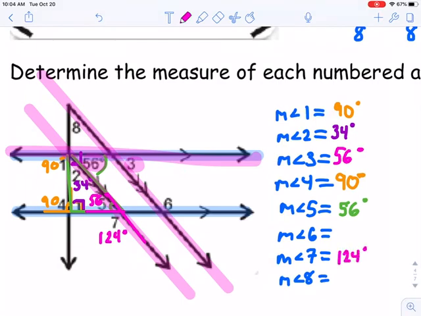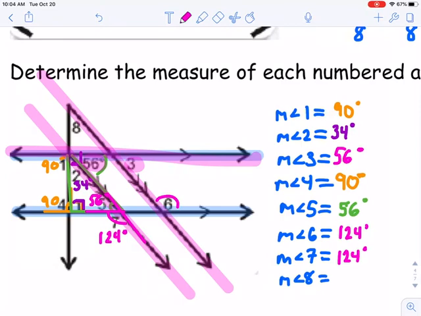And now angle 6 and angle 7, again, a couple ways I can do this. They're alternate exterior angles, so I can say that that's also 124 degrees.